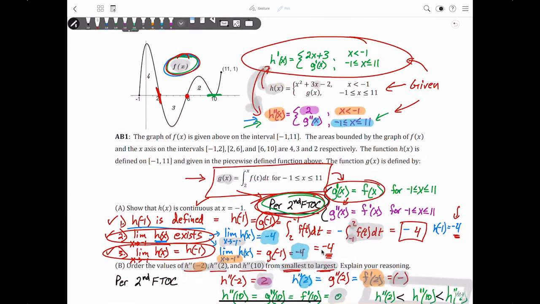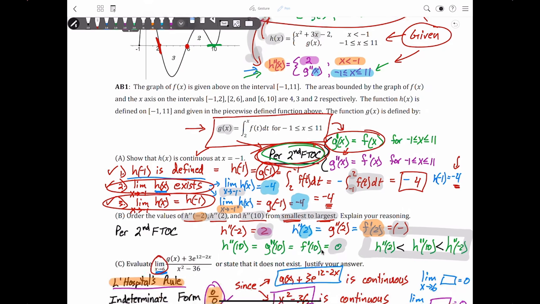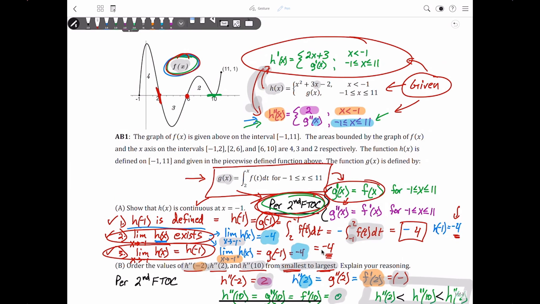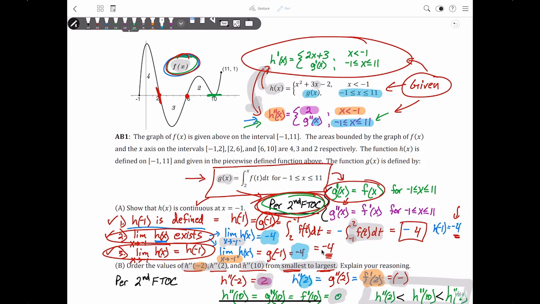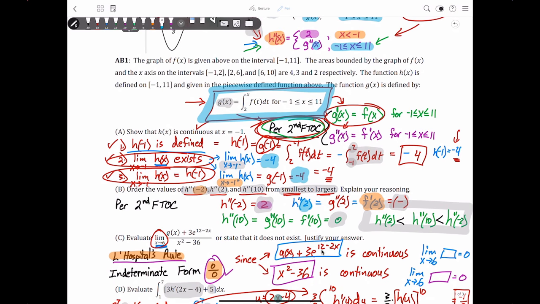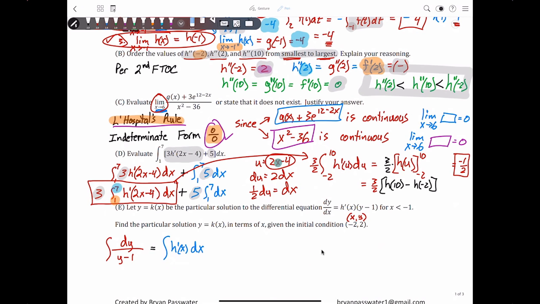Okay, so we're actually going to use our given piecewise function, and we're going to evaluate what is h of 10. Okay, h of 10, well, 10 lies in this domain, so it's the same as saying what is g of 10. Okay, so g of 10 means we're going to use this equation that we were using with the second fundamental theorem.